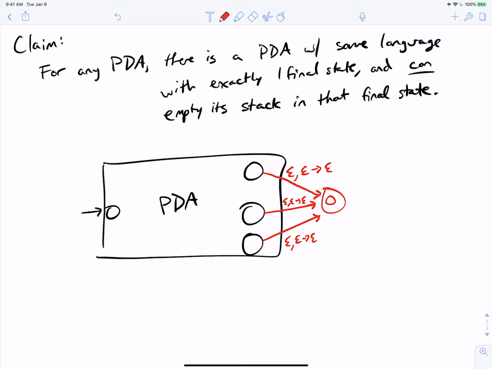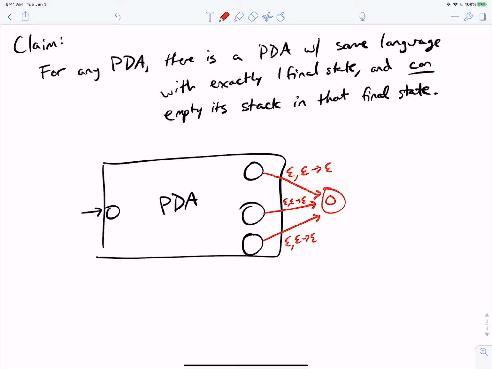Now let's tackle the empty the stack if it wants to part. Could the stack have been empty in the original final states? Yeah. In those situations, in this new final state we end with an empty stack too, because we don't change anything along the way.